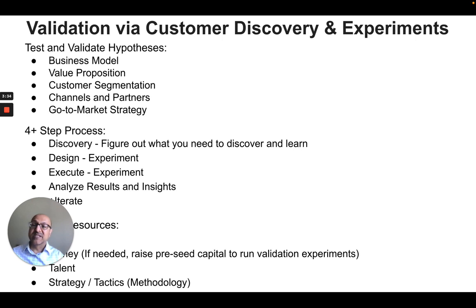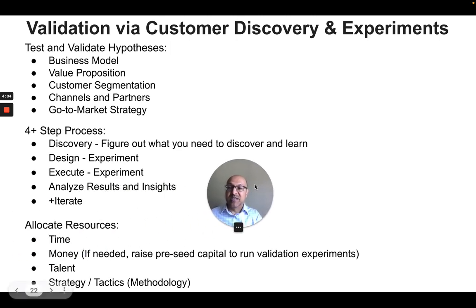And then there's a simple 4-step process in which to do this. First we do discovery, where we figure out and learn what we need to discover. Then we design some experiments, low fidelity experiments, low cost, low time. We execute those experiments, obtain the results, analyze the results, extract the insights, make adjustments or pivots, and then reiterate this process.